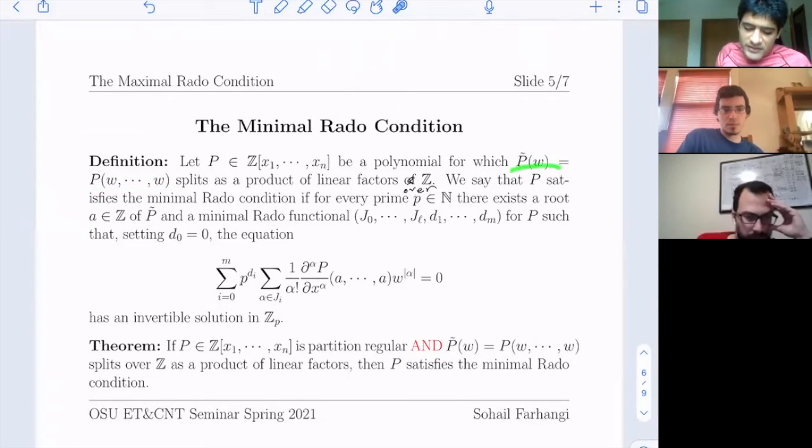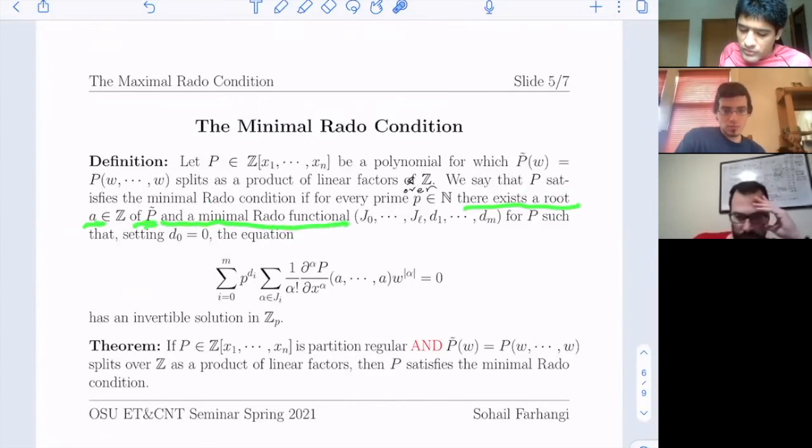But if we go ahead and make this extra assumption, then the polynomial will satisfy the minimal Rado condition if for every prime p, there exists a root a of this polynomial and a minimal Rado functional, j0 to jl, comma d1 to dm, for the polynomial p, such that we extend the Rado functional by letting d0 equal 0, same extension that we had in the maximal Rado condition.